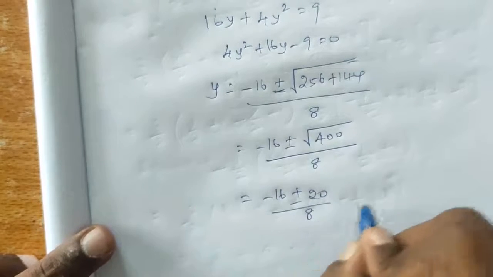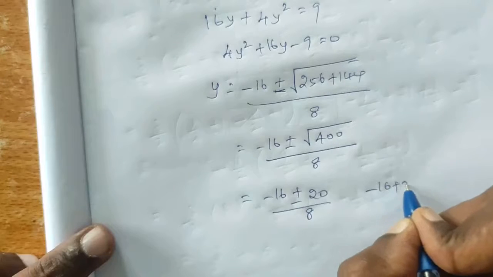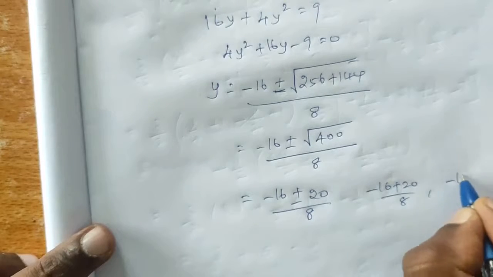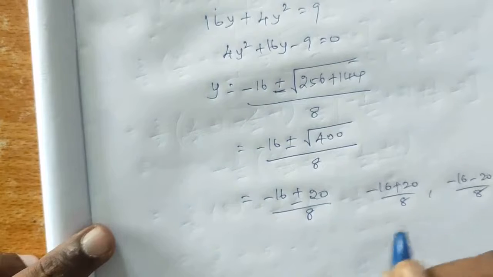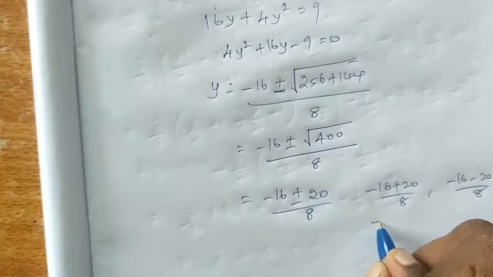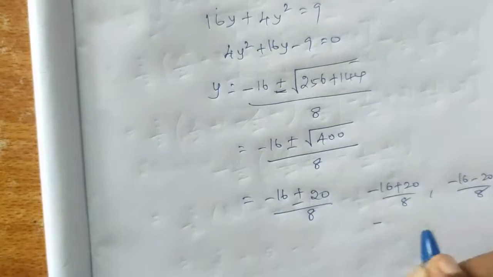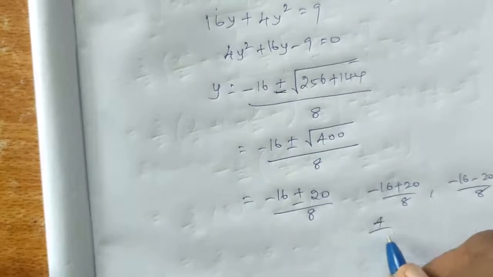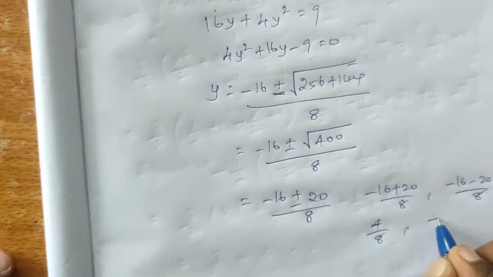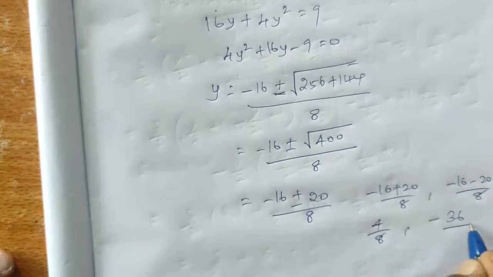So minus 16 plus 20 by 8, comma, minus 16 minus 20 by 8. So 4 by 8 comma minus 36 by 8.